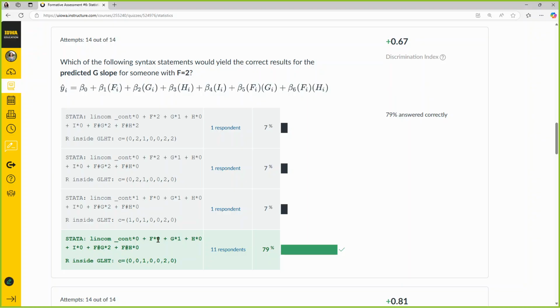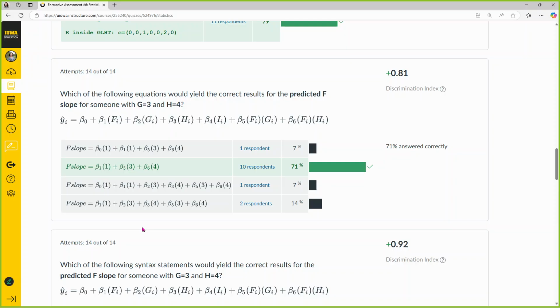And so the last one is what we would like to have because it's only involving the terms with G. Okay, any questions about this one? Okay.